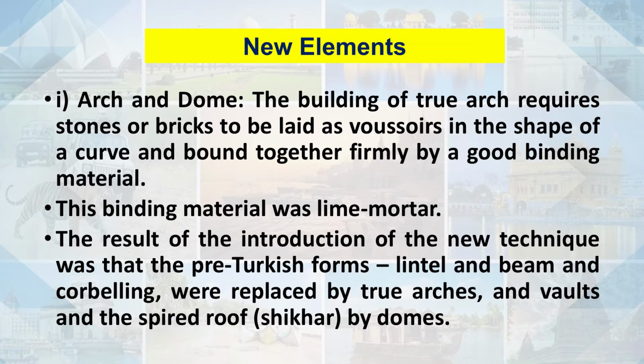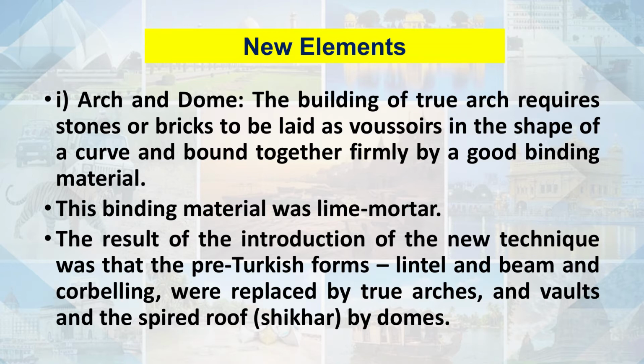The new elements that were inherited: arch and dome. The building of a true arch requires stones or bricks to be laid as voussoirs in the shape of a curve and bound together firmly by a good binding material.